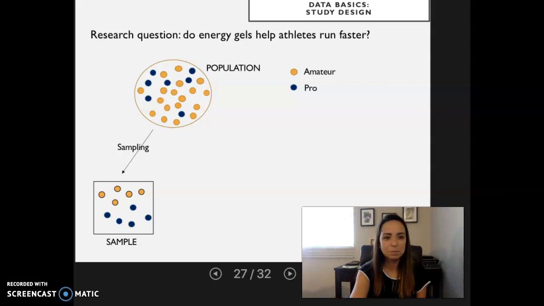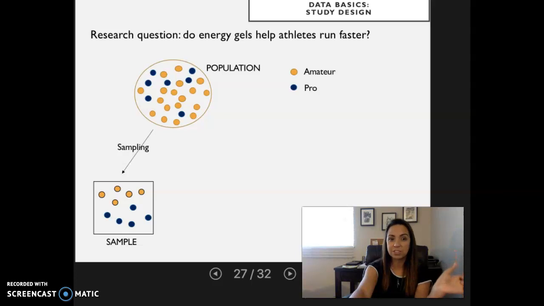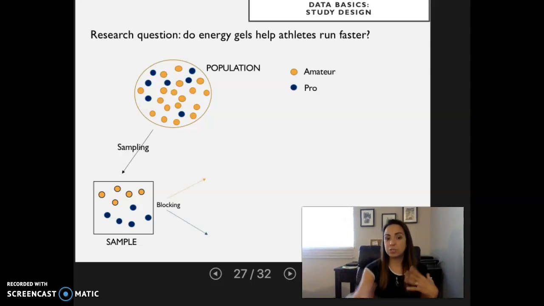So that's my sample. And then, because being amateur or pro could be a confounding variable affecting the relationship between the effect of energy gels and speed, because of course we expect pro athletes to run faster on average, we need to block to guarantee that we're controlling for this, right?